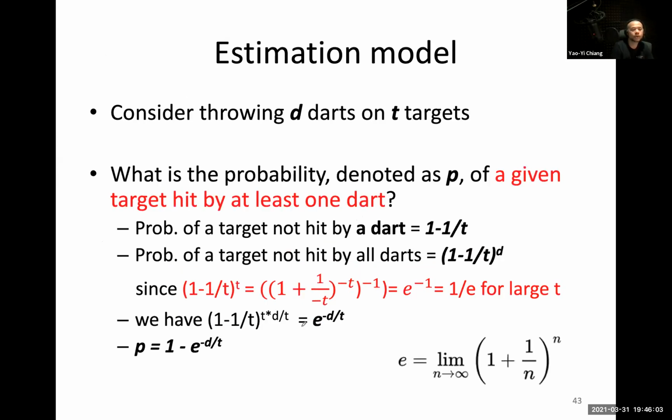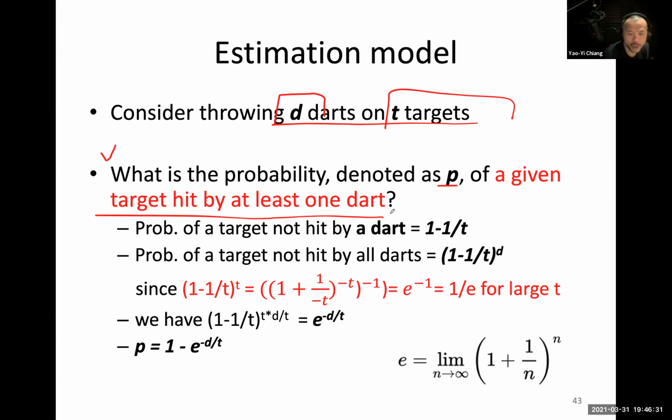If we want to adjust our estimation, let's first consider throwing d darts on t targets, right? If you think about it, a hash function is throwing a dart every time you're trying to hit a target in your array. Now you have t targets and you have d darts.